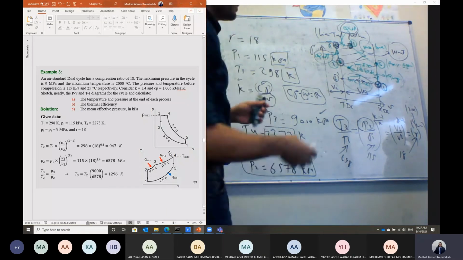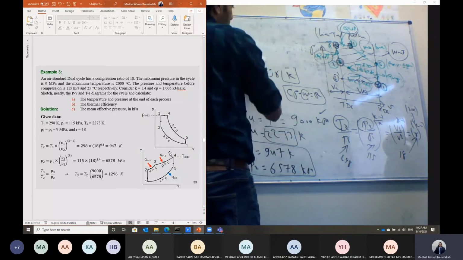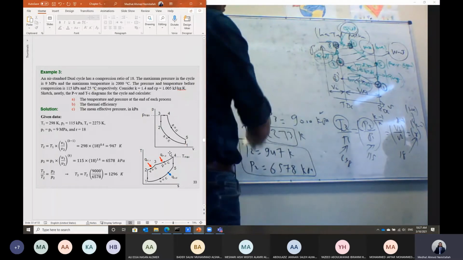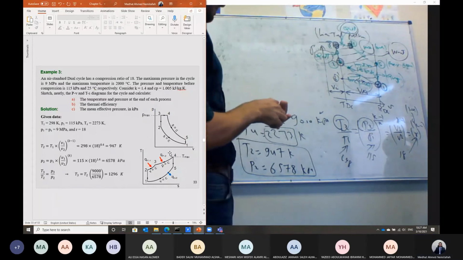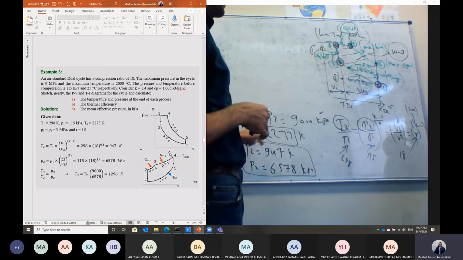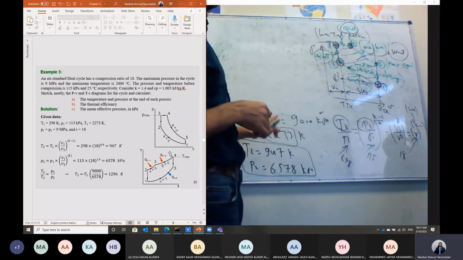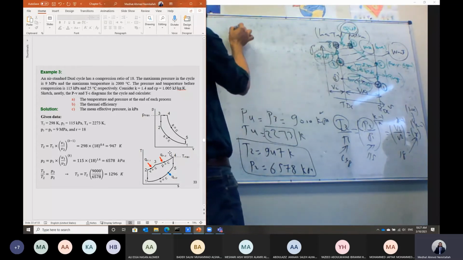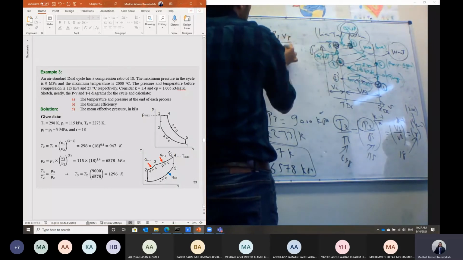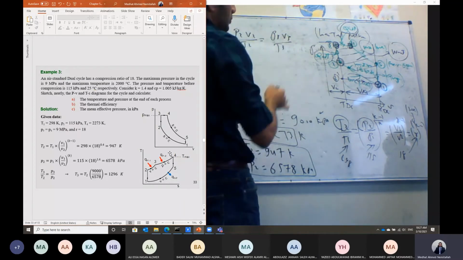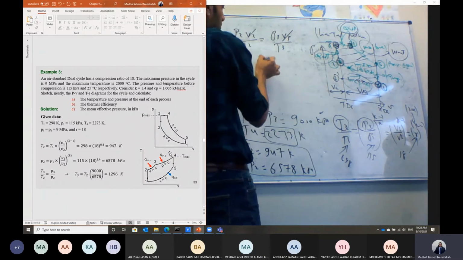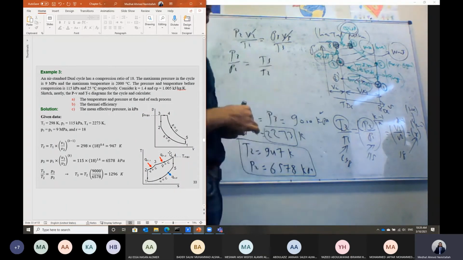Right, let's move to the process from 2 to 3, which is constant volume. In this case, the volume at point 3 is the same as the volume at point 2. The pressure P3 is the same as P4. If we apply the ideal gas relation, P2 V2 over T2 equals P3 V3 over T3, and we have the same volume. That means we can say P3 over P2 will equal T3 over T2.